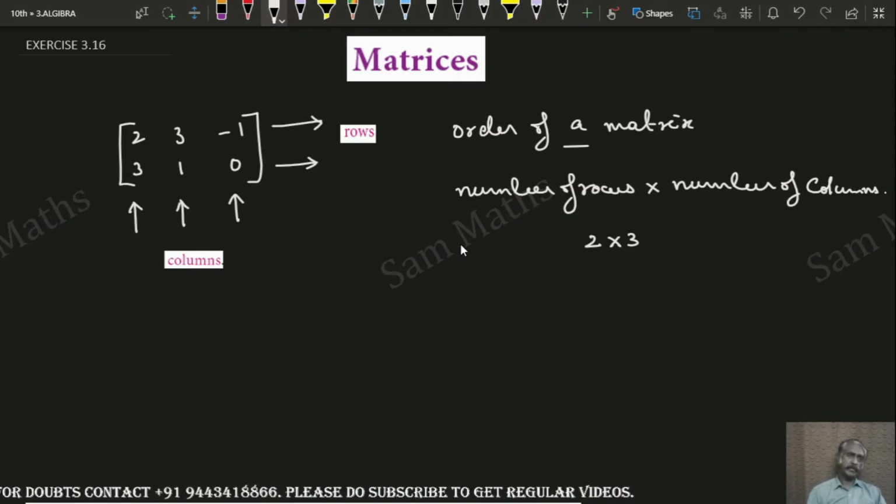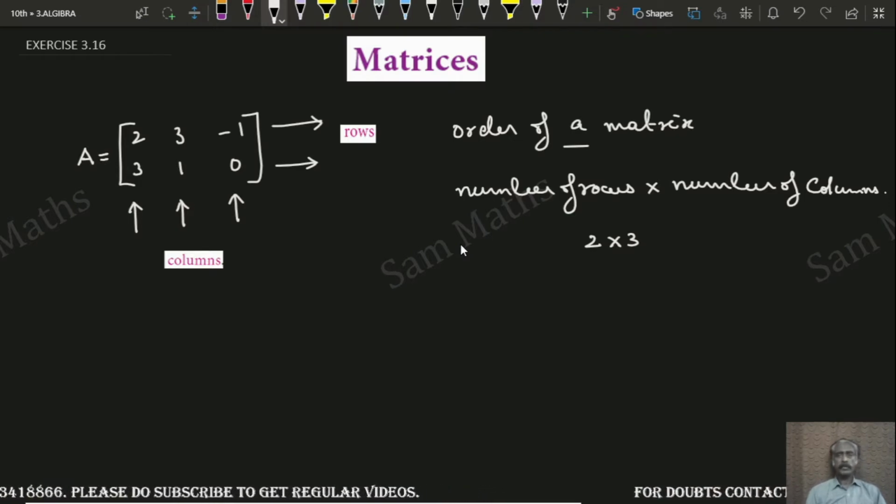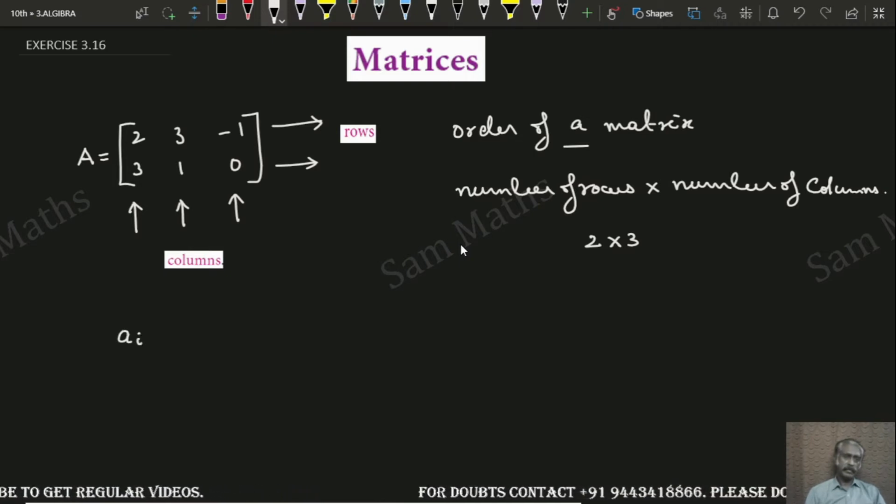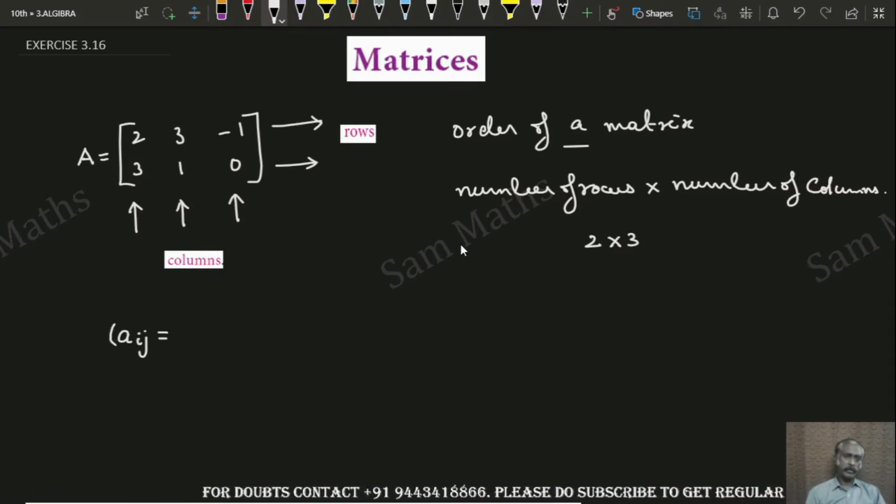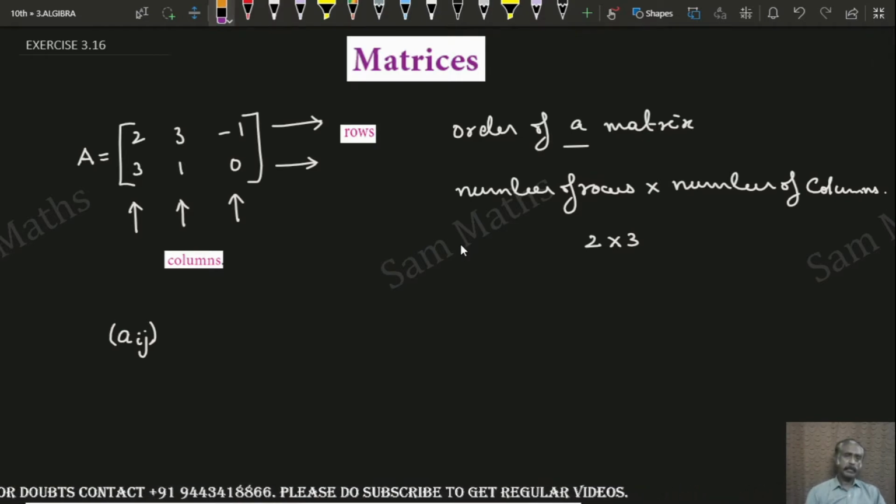We also denote matrices by capital letters. Okay, children, this also you must know. After that, the general matrix also you have to remember. That is A = [aij]. Aij is an element normally, while using the bracket, it's a matrix.